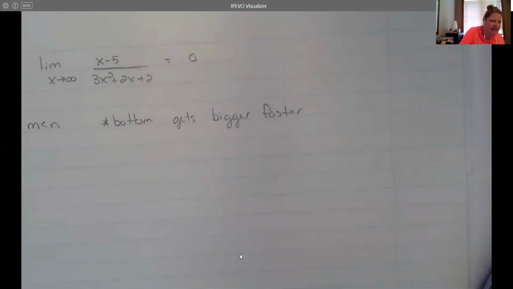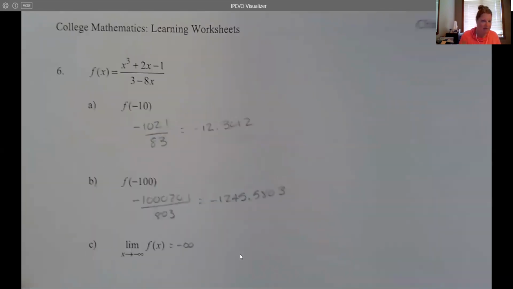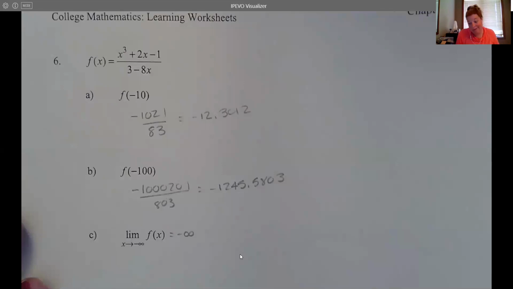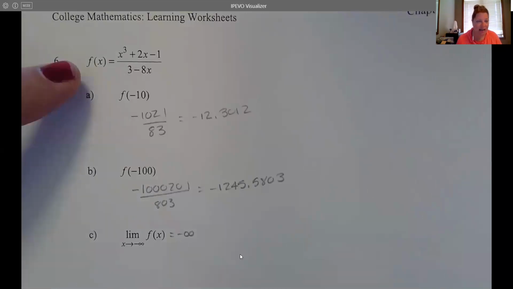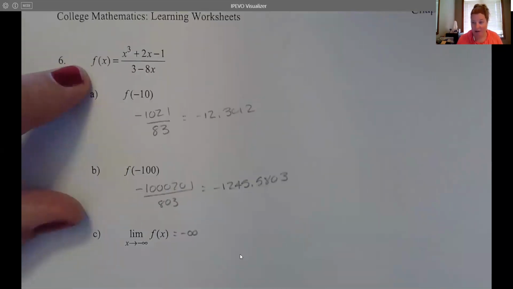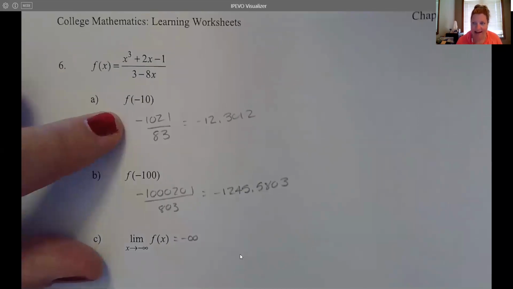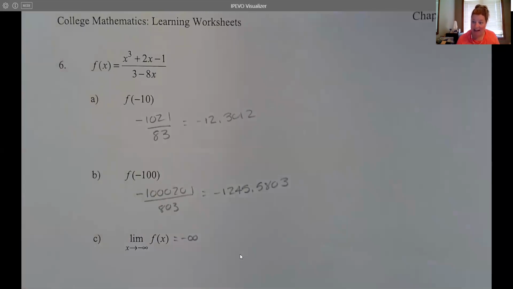So this is written a little bit different. This is just a worksheet that I would have typically given you in class if you're in person. So this one is saying, okay, as this function, if we put in a value like -10, where are we headed? It's kind of leading you to that negative infinity.